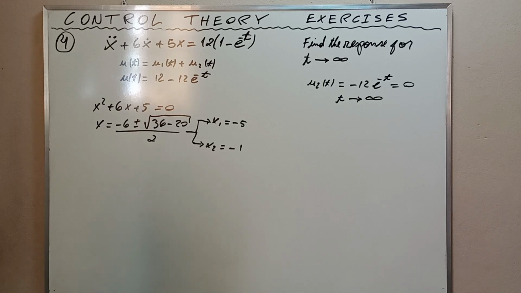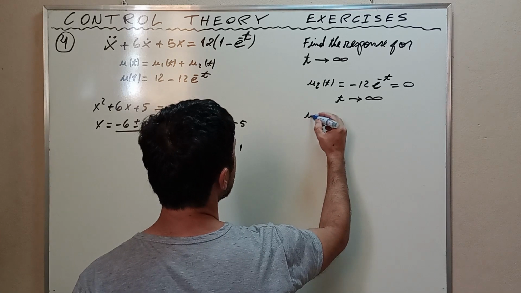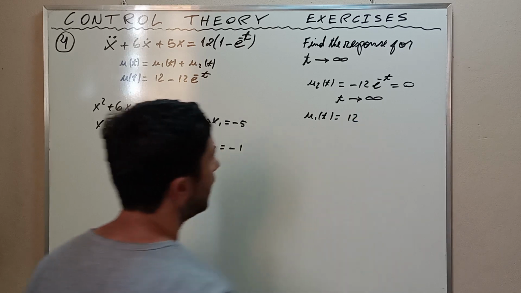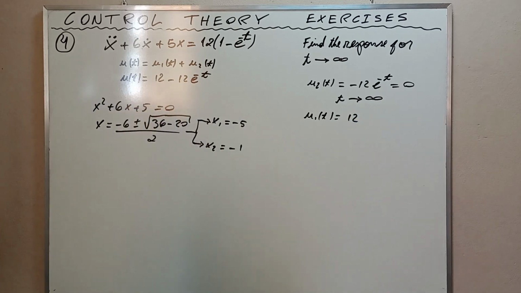But how about this? u1(t) equal to 12. A step of 12 units. How about this? Does this go to 0? We don't know. We have to inspect.